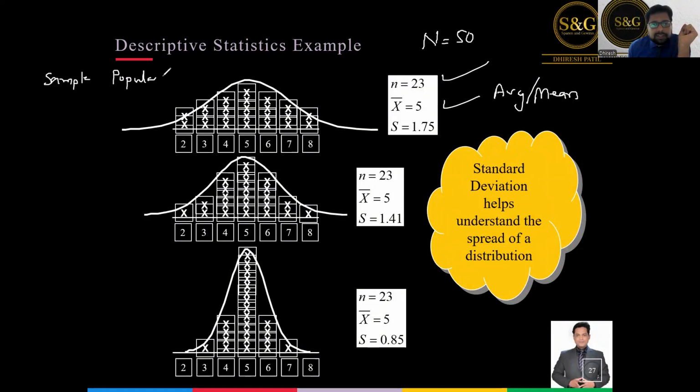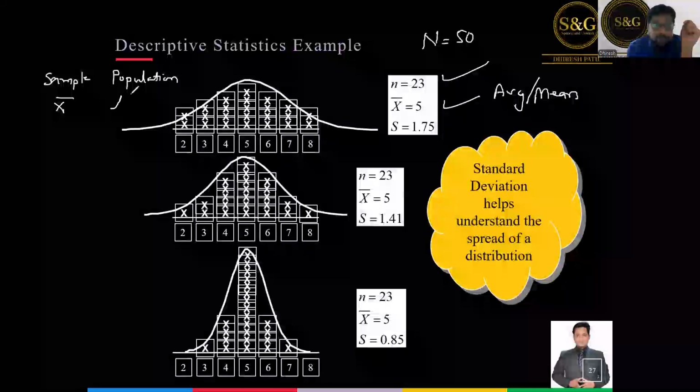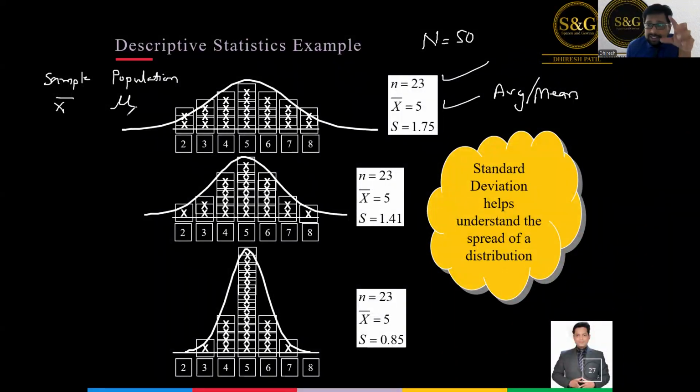The average of the sample is called X bar. The average of the population is called mu, a Greek letter. The standard deviation of the sample is denoted by S, and the standard deviation of the population is denoted by sigma.